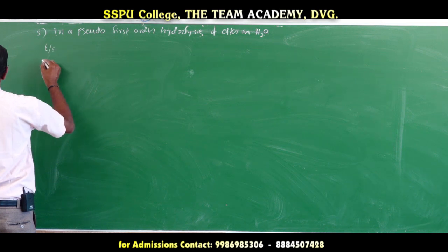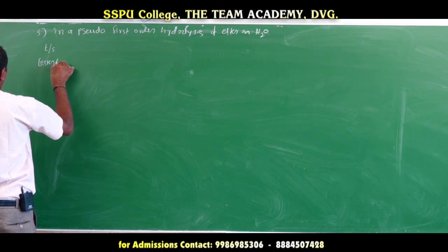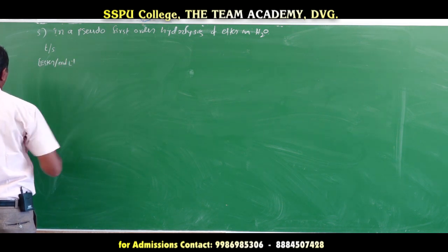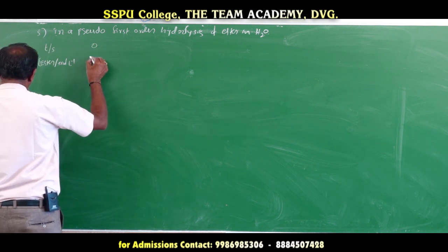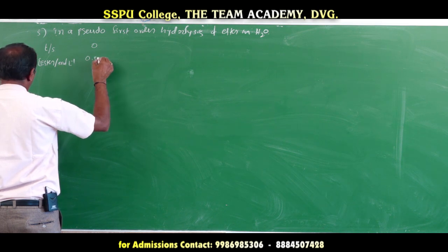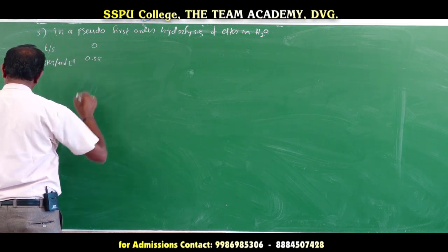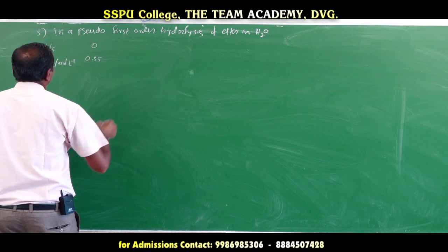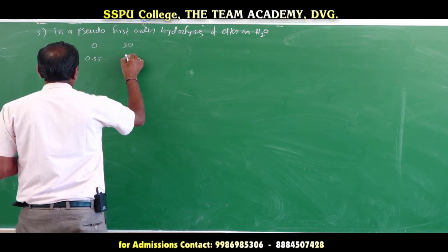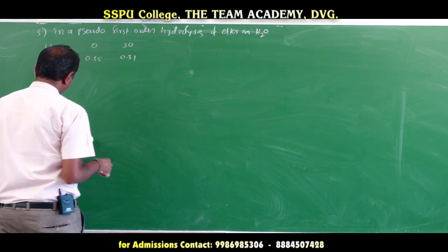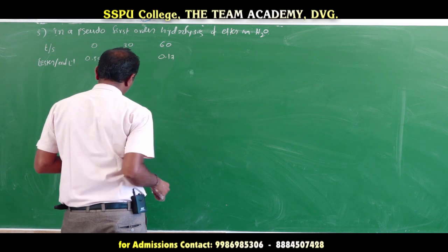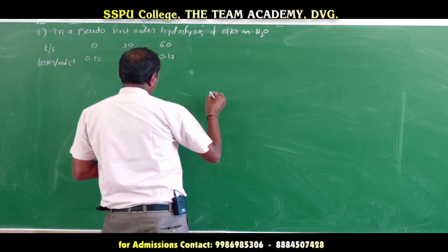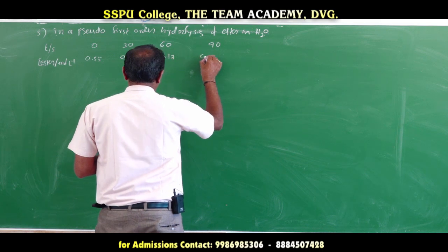Time per second, divided by ester concentration in mole per liter. At time 0, concentration is 0.55. Then at 30, concentration is 0.31. At 60, concentration is 0.17. At 90, concentration is 0.085.